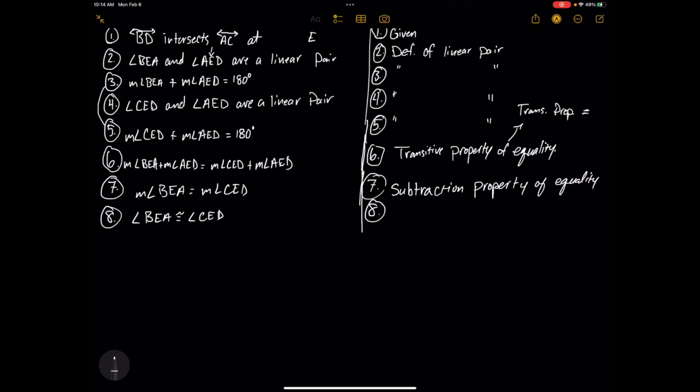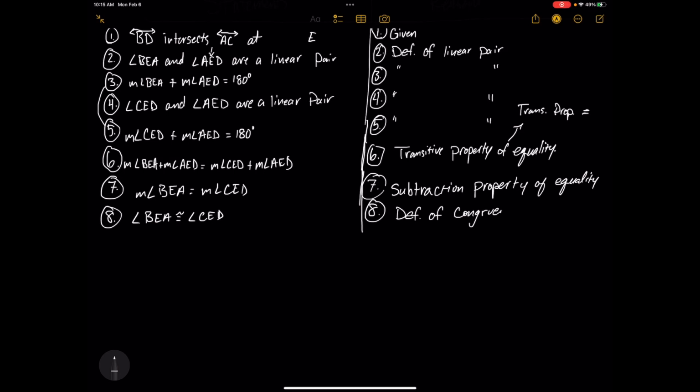Why can I say that? CPCTC? That only happens with triangles. No. You can say it because two angles that have the same measure are the same. Definition of linear pair? Definition of measure?